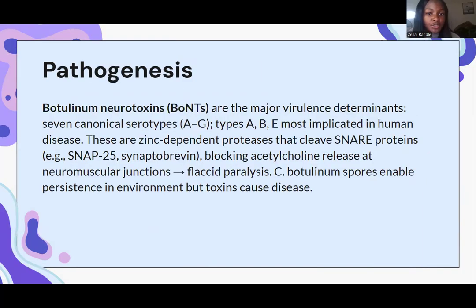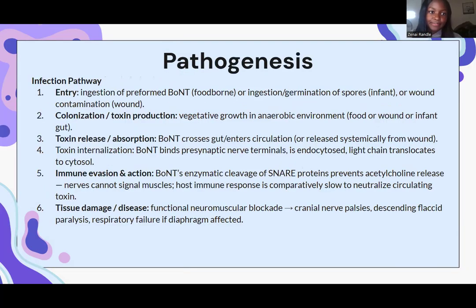Botulinum neurotoxins, or BoNTs, are the major virulence determinants. There are 7, A through G. Types A, B, and E are most found in human disease. They block acetylcholine release at neuromuscular junctions, leading to paralysis, and the spores enable persistence in environments, but toxins cause disease.